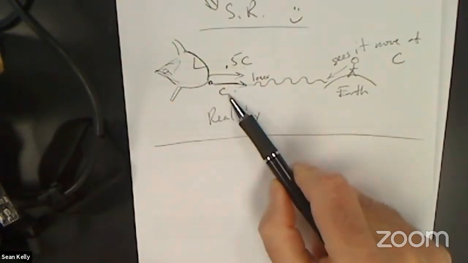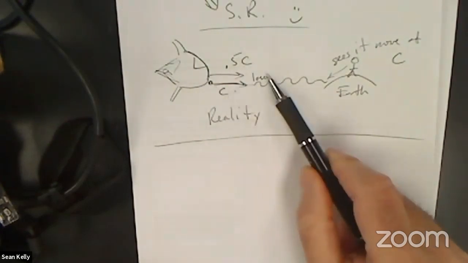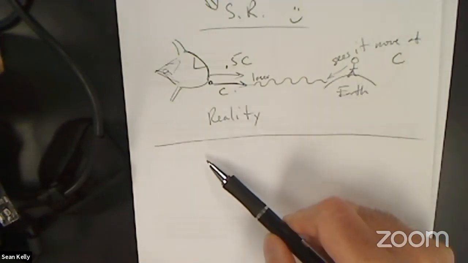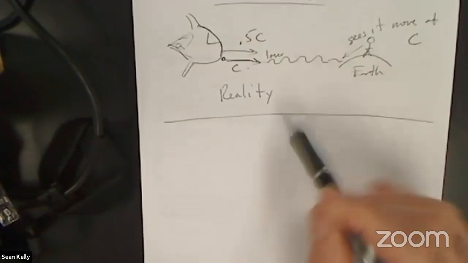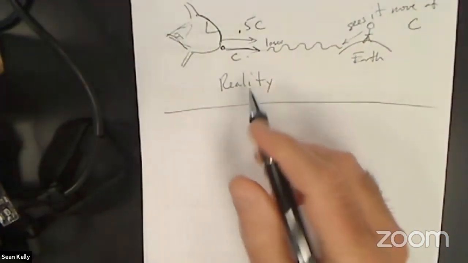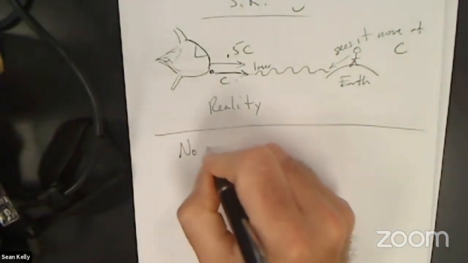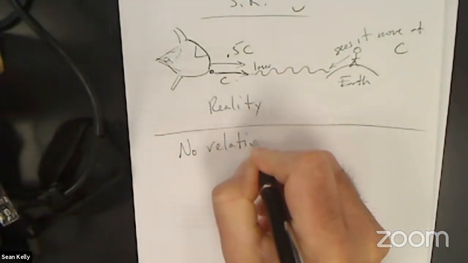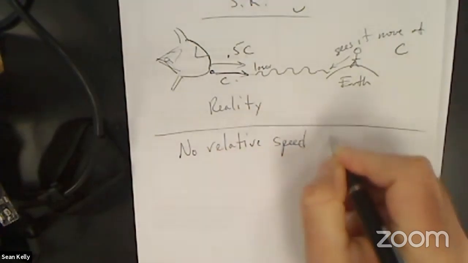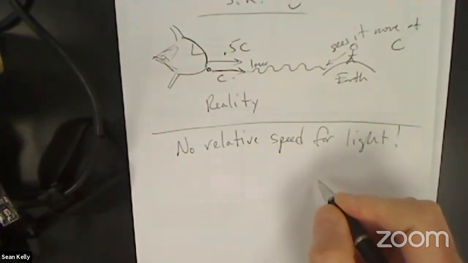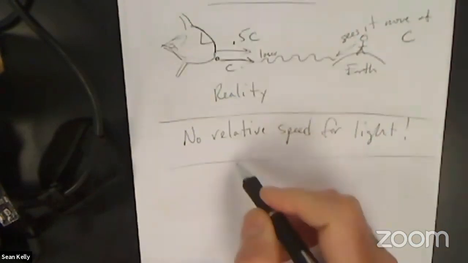Whether you shoot it from a rocket, c, or the person who sees the laser sees c as well. So there's no relative speed for light. This is weird, right? But that's the case. There's no relative speed for light.